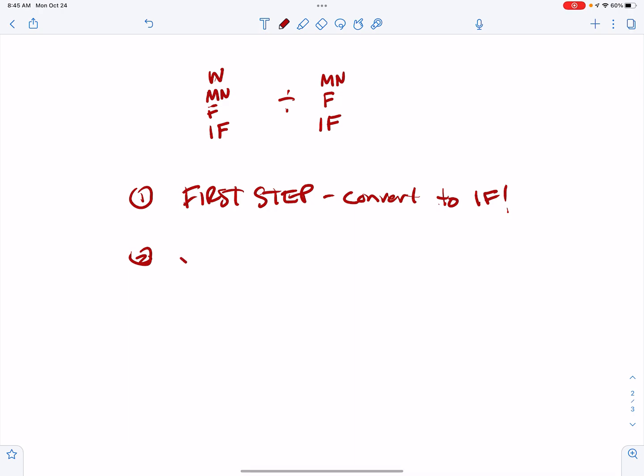Second step, you're then going to multiply by the reciprocal, and then you're going to simplify or do whatever you need to do to get your answer in simplest form.